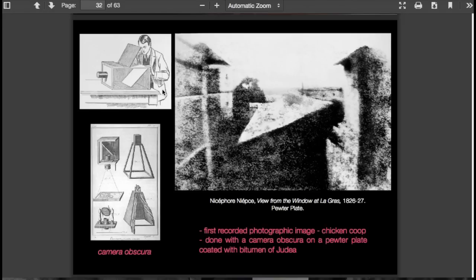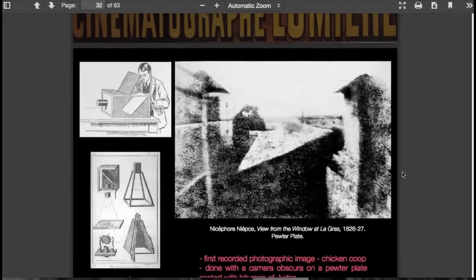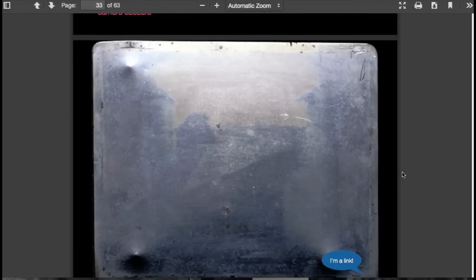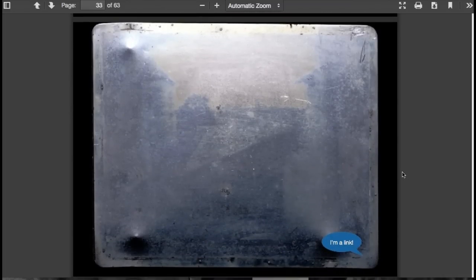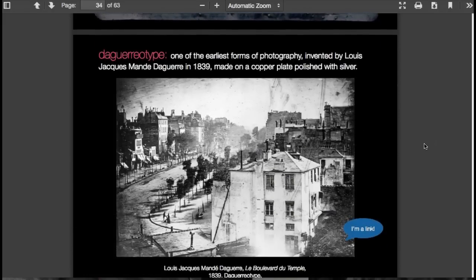Of course, it took a very long time to expose this pewter plate, and we've lost a lot of detail. I'll show you what the actual plate looks like. This is a modified version of it to pull out some of that detail, but this is the actual plate, and this is a link for you to look at as well. And so, voila, photography is invented.